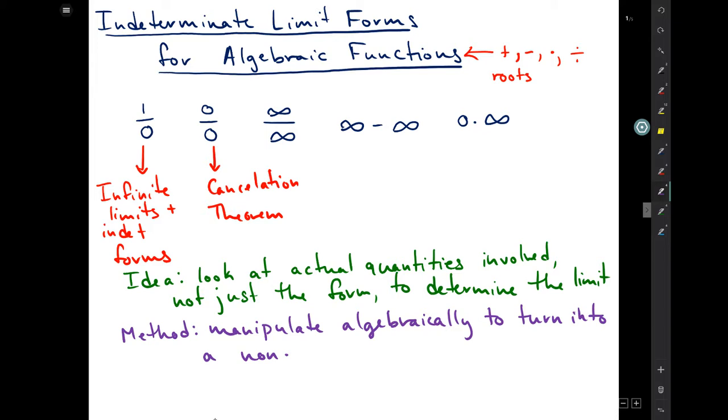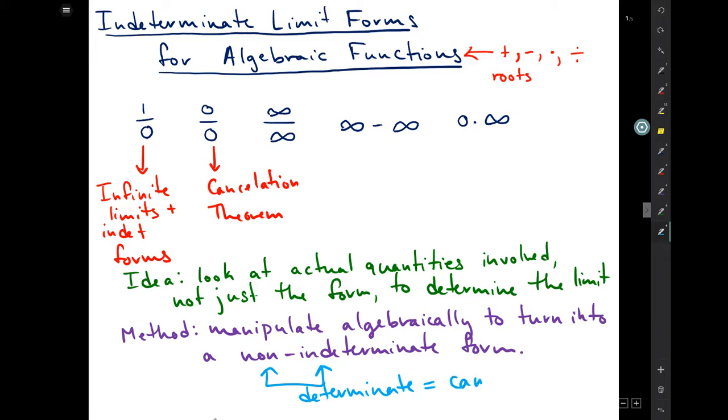So we have a cute little double negative there. Non-indeterminate means it's a determinate form, meaning you can see what it's equal to. That's the idea: you want to manipulate it algebraically so that you know what it's equal to.